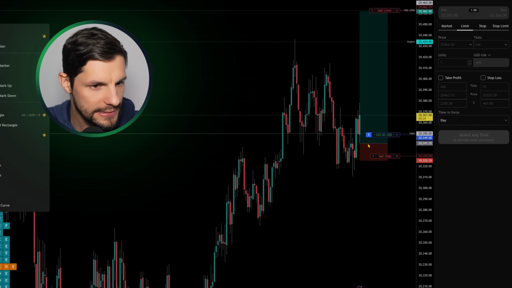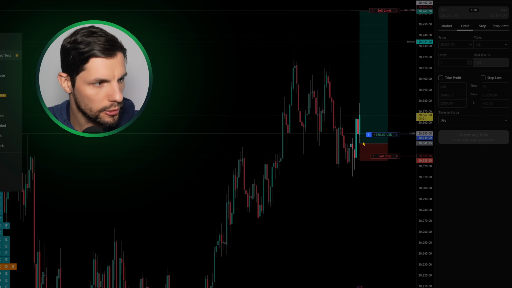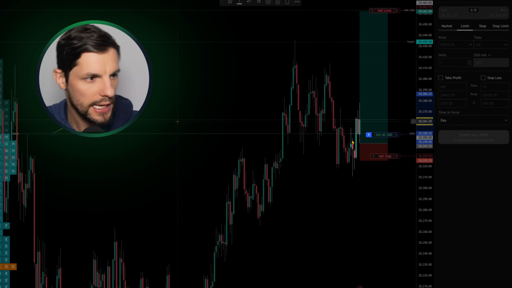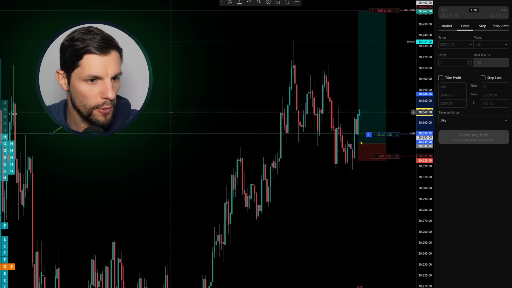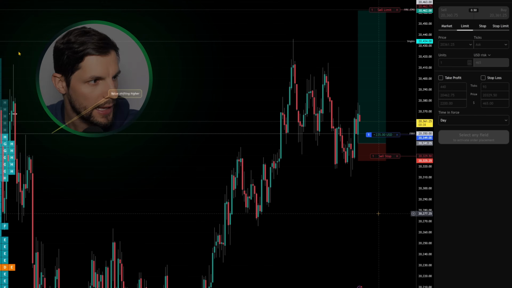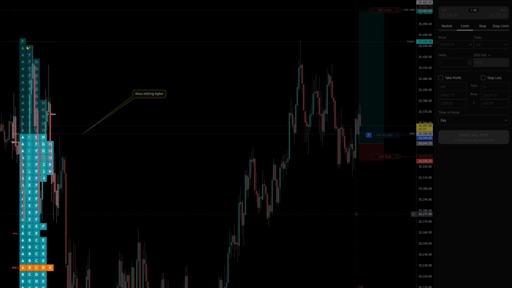So that here is my long trade entry because I have another reference in the market profile showing me that there's a high probability that this market will push higher, and that reference is here on the left by this F mark here.